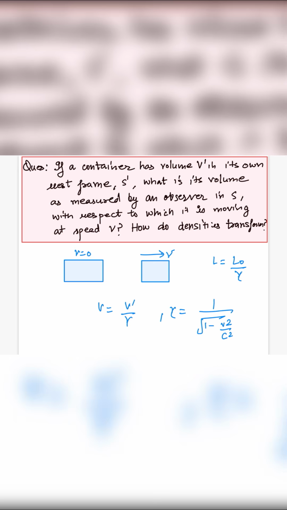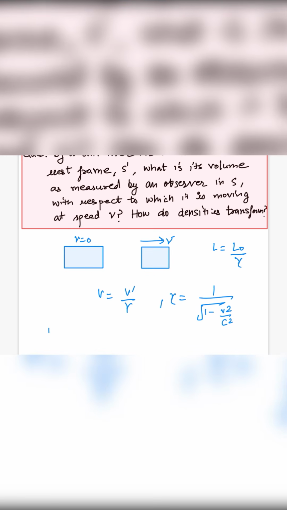And how would density transform? So we know density is equal to n over volume prime, in the rest frame, where n is the number of particles or whatever it is in the container. N is not going to change, because it is a number and it does not change as you are moving. So the only thing that changes is the volume.